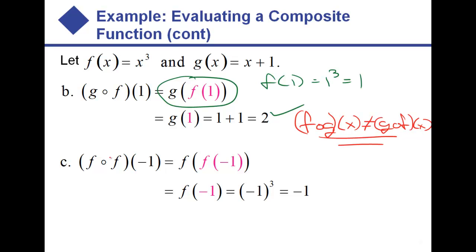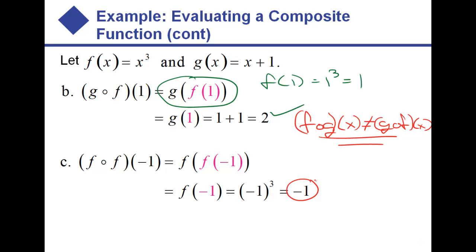Now f of f just means take f of the f function. So first you plug -1 into the f function, you cube it, which gets you -1. Now you take f of -1, so you cube it, and you get -1 again. That's just a silly example.